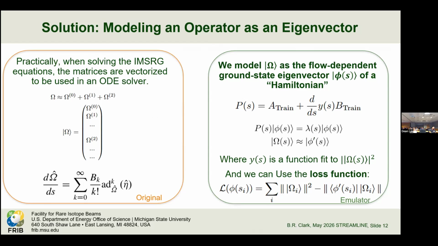And so we model this vector as the ground state eigenvector of this problem, and we train on a loss function that basically measures the overlap between our emulated vector and the actual vector.